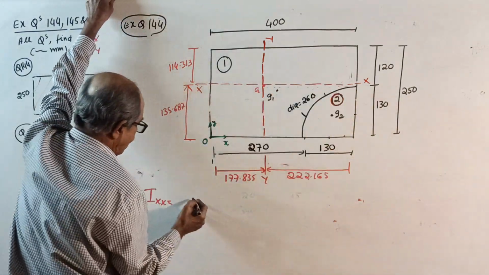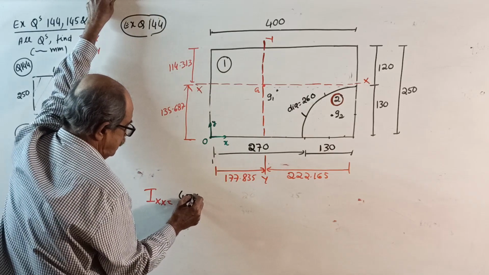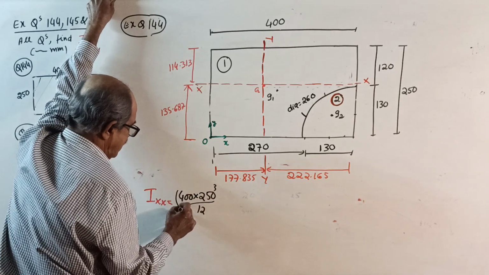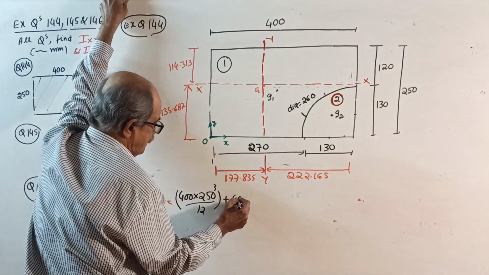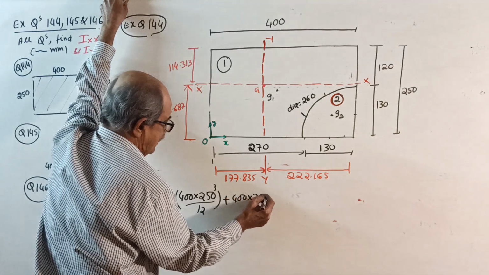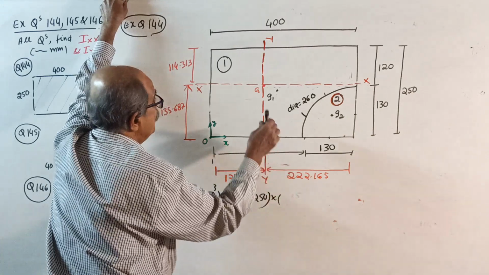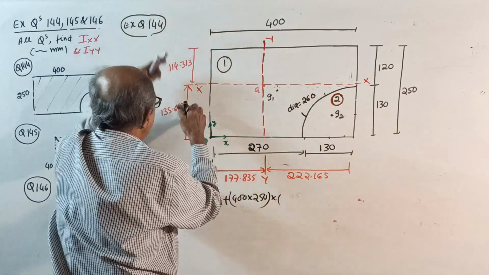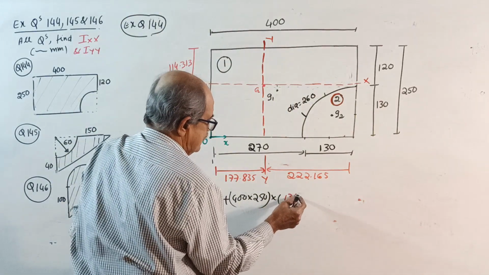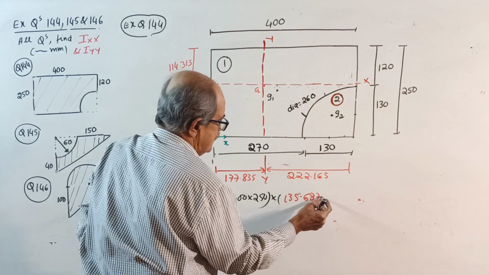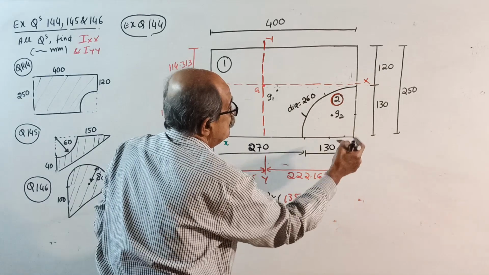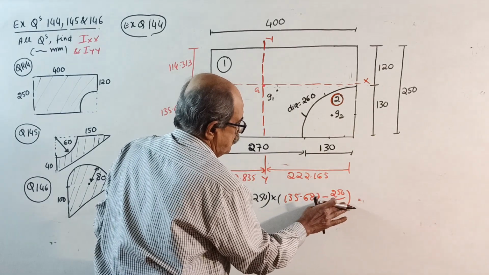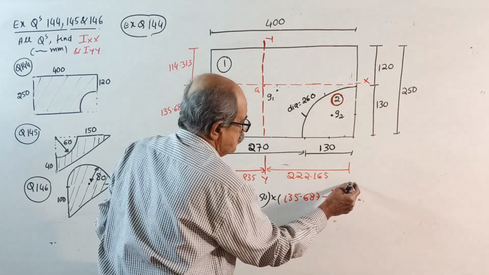400 into 250 cube divided by 12 is IG, plus area. 400 into 250 is the area, into, since you are doing I about xx, this distance squared is 135.687 minus half of 250, 250 by 2, whole square.